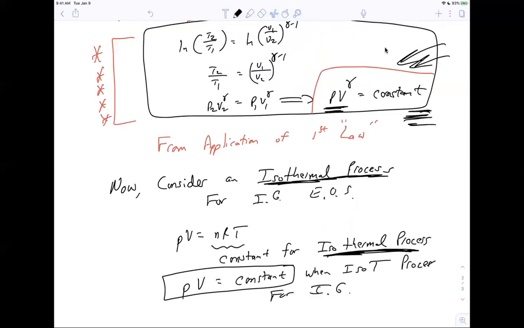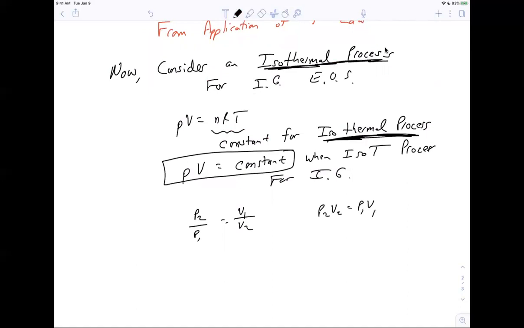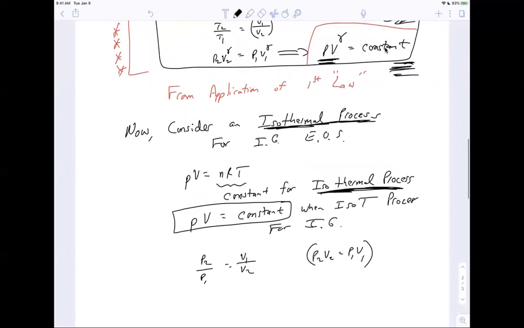Okay, any questions? The isothermal case is rather simple. Okay, so PV is equal to a constant. And so we can say that P2 over P1 is equal to, let's see, what would that be? V1 over V2 for the isothermal case. Okay, and that's just because P2 V2 is equal to P1 V1. PV is a constant. Any questions or comments?